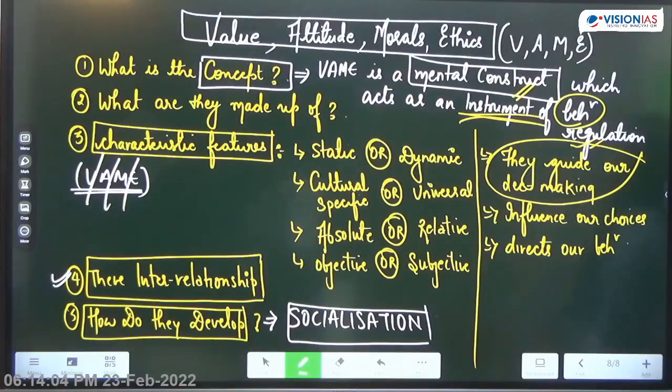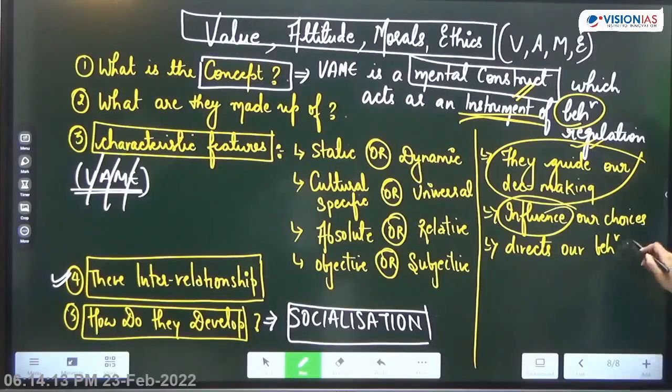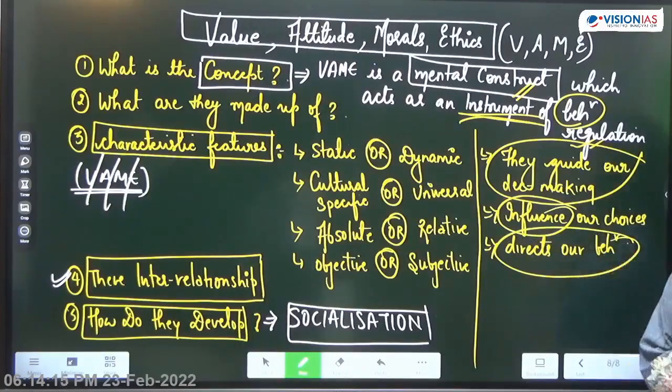They determine my decision making. They guide my decision making. They are influencing the choices that I make in my life. And by doing that, they are directing my behavior. Is that very clear? So it is a mental construct which acts as an instrument of behavior regulation.